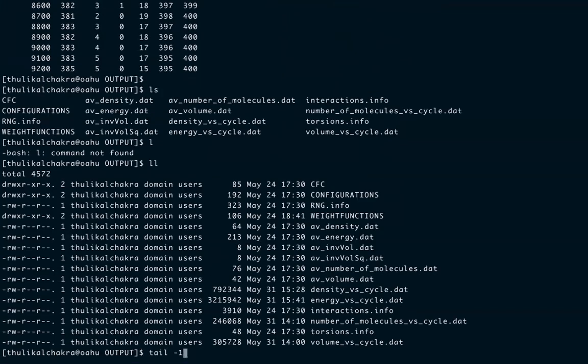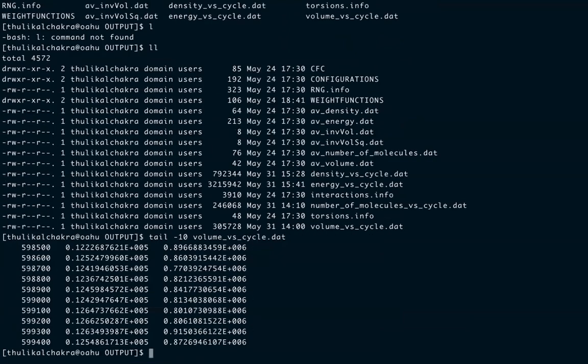So you can also see at the latest how it looks. So this is also the volume versus cycle. So it tells you what is the volume of each of the box as a function of the cycle number. So you can see that the liquid box has lower volume compared to the gaseous box by almost an order of magnitude.